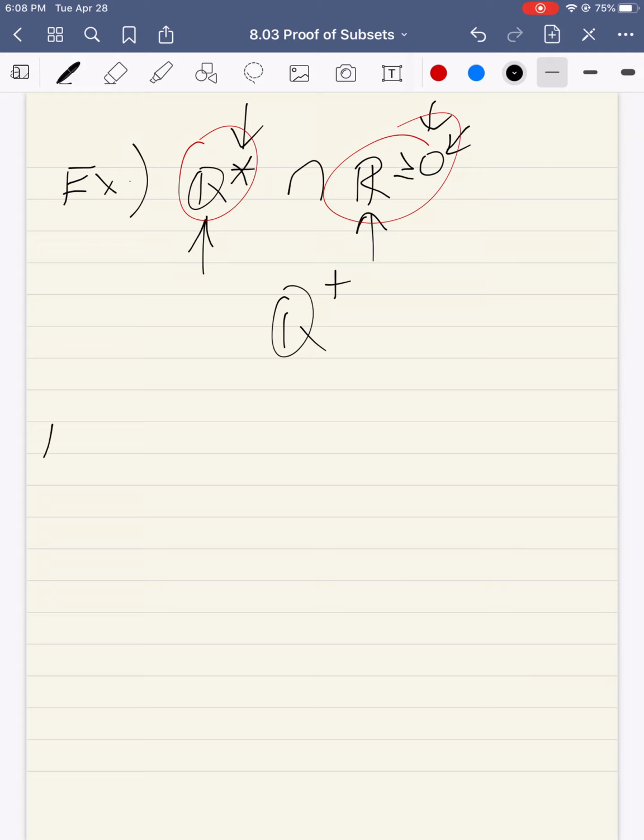So let's do another example of intersection so that we get used to what this looks like. So we're going to do the set of all integers intersected with the set of positive reals. So looking at this here, again, Z is a more restrictive set than R. So that is going to be my starting point.